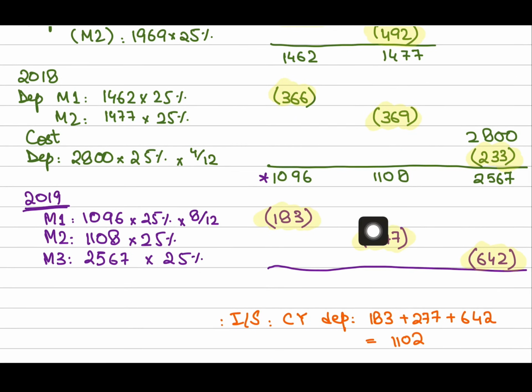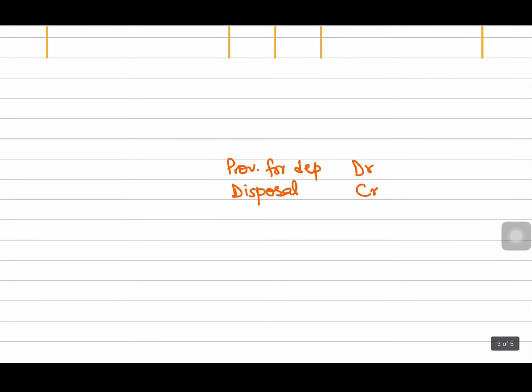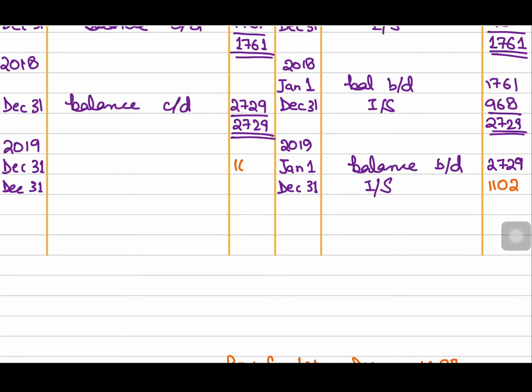And then in this year it is 183. Right? It has reduced because we have charged for only 8 months. So this is my accumulated depreciation on this asset. The total of it will be 1687. So now I will debit my provision for depreciation account with 1687, and I'll credit the same figure in my disposal account. Right? So 1687 disposal.